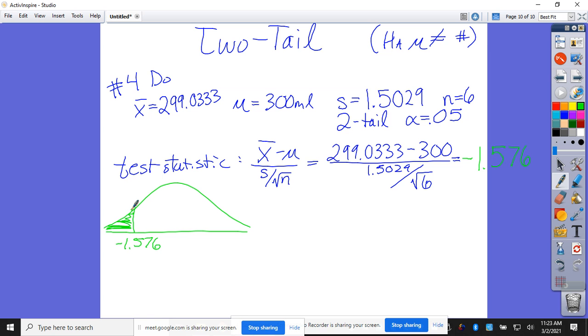It's T. So TCDF, second distribution TCDF, you're still at negative 1e99, but you're going to go up to what now? Negative 1.576. What else does it need from us? Degrees of freedom, which is what? And when you type that in, you get 0.0879.